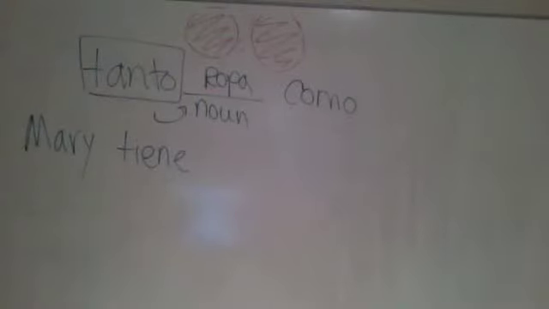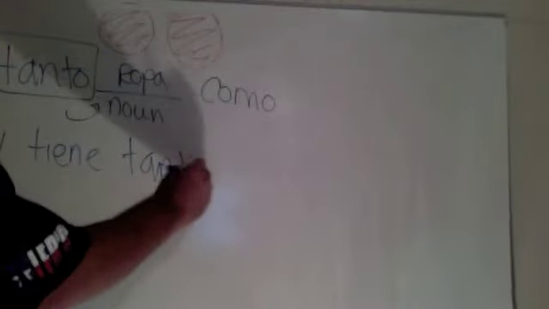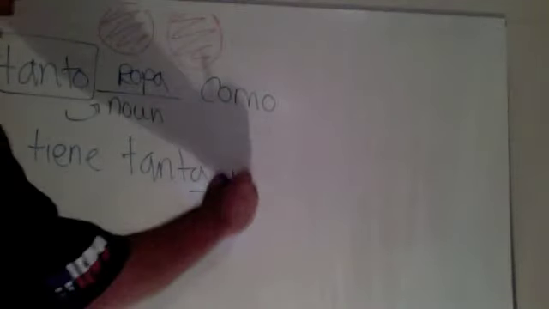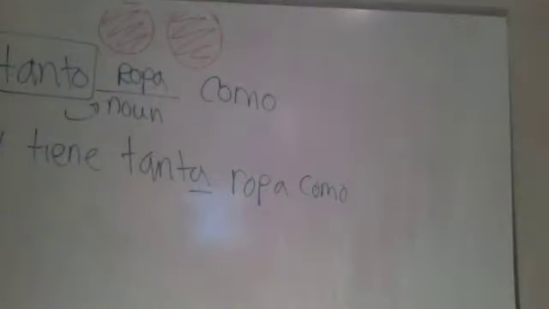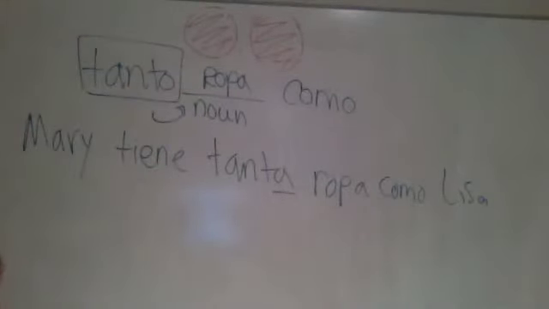Since ropa is feminine. Mary tiene tanta ropa como. Now who did I say? As Lisa. Como Lisa. Mary has as many clothes as Lisa. Remember, tanto needs to agree in gender and number.